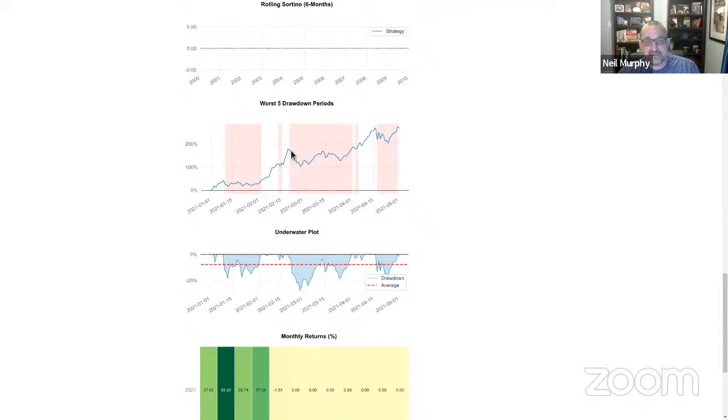So you can see here, it drops down, and how long did it take to come back to the same level? Well, this is quite a little bit of a stretch. That means that from your peak, you would have had a little bit of time before you broke even again. And this gives you a good indication of what some of the painful periods would have been with your particular back test.